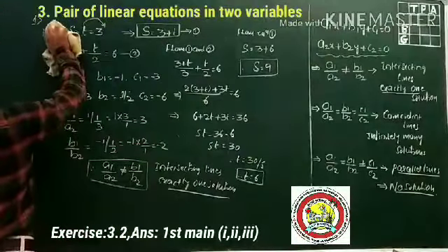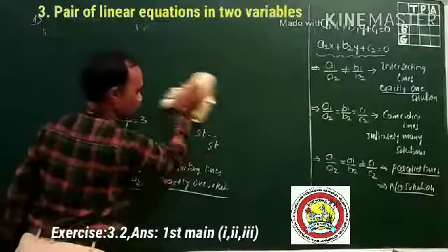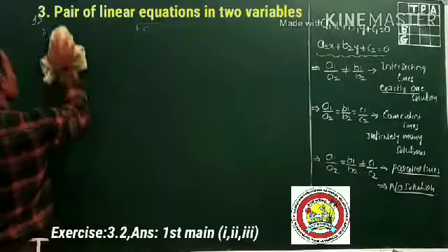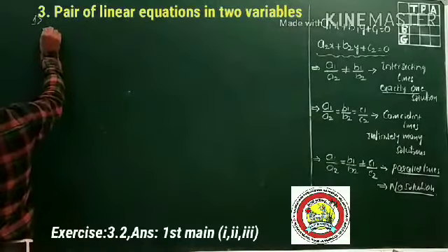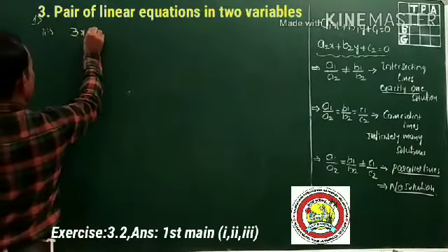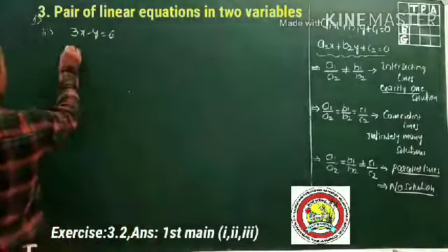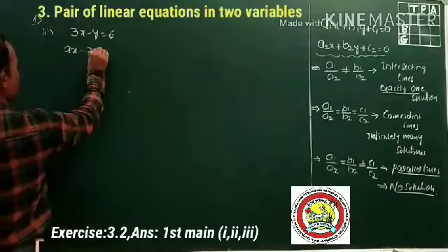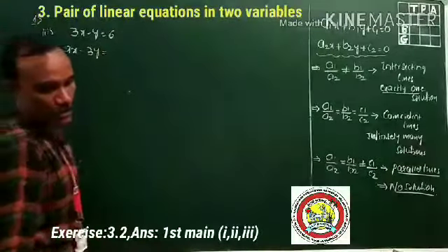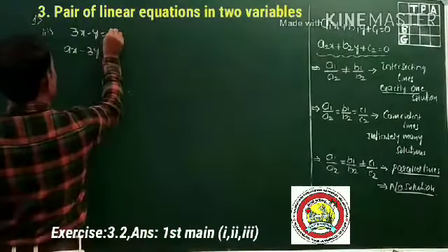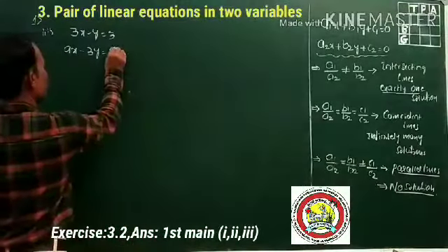Let's see the third question. Question number 3: 3x minus y is equal to 3, and 9x minus 3y is equal to 9.